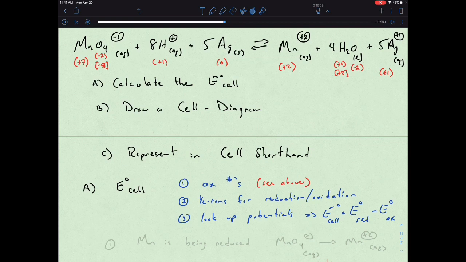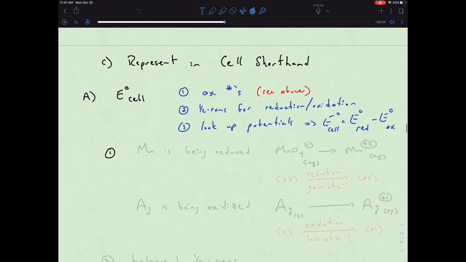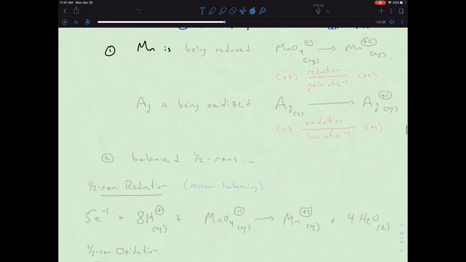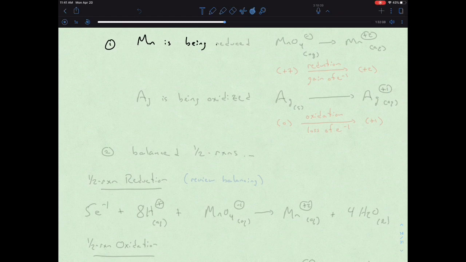So with that step 1, we know now that the manganese is being reduced, and that's because of the manganate going to manganese +2. They're both aqueous.